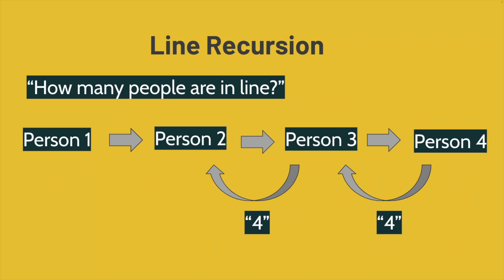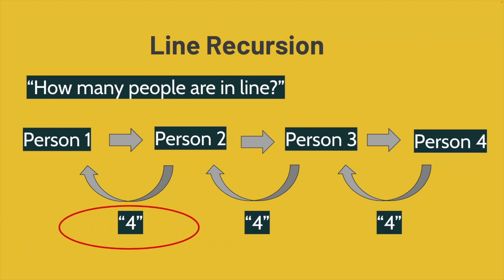Person 2 then tells person 1, who asked the question in the first place, "Hey, there's 4 people in the line." And because we finally got our answer back to person 1, we have our solution, which is 4. So there's 4 people in the line.